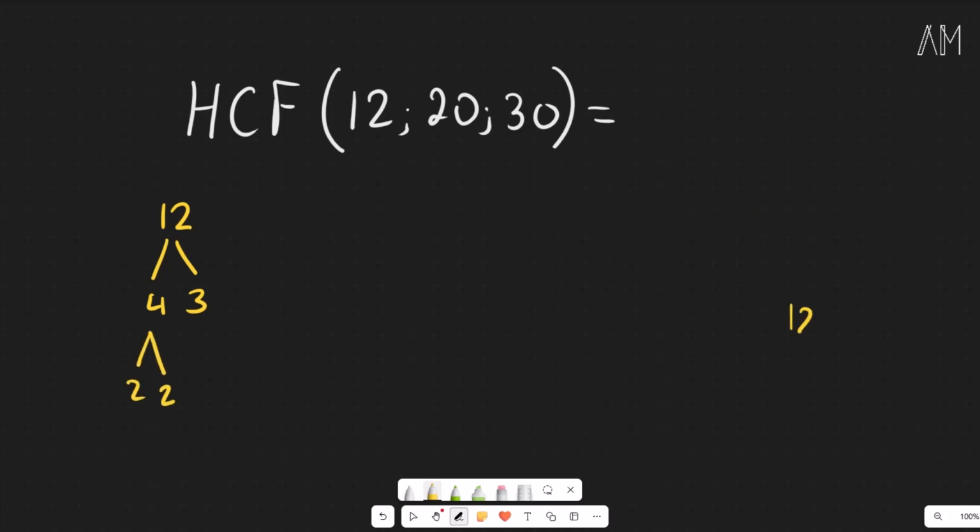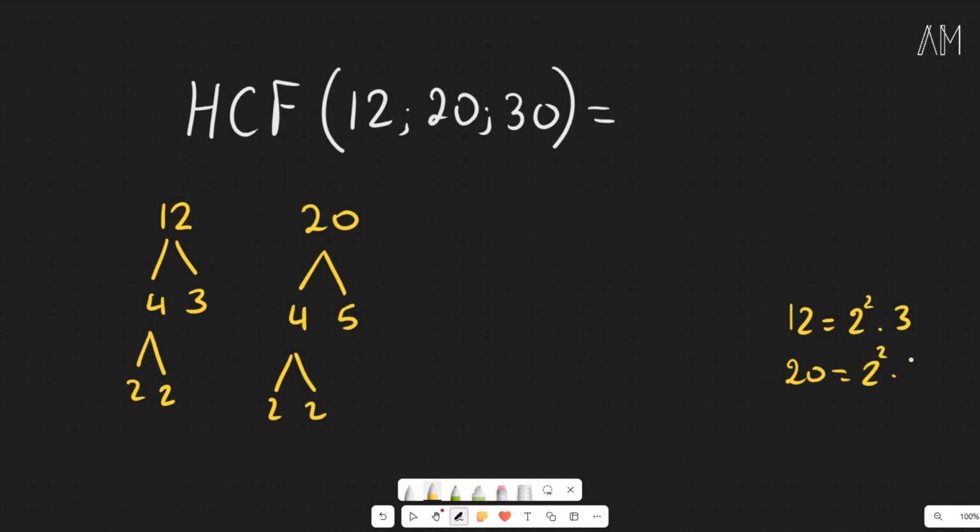And finally, 12 is 2 to the power of 2 times 3. Let's do 20. 4 times 5, and each 4 is 2 to the power of 2. There we go. 20 is 2 to the power of 2 times 5. And the last one, 30 is 6 times 5, which gives me 2 times 3 times 5.